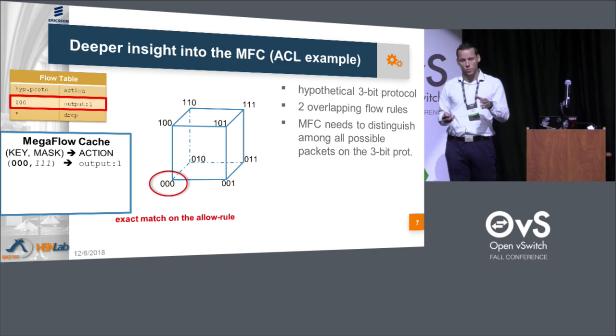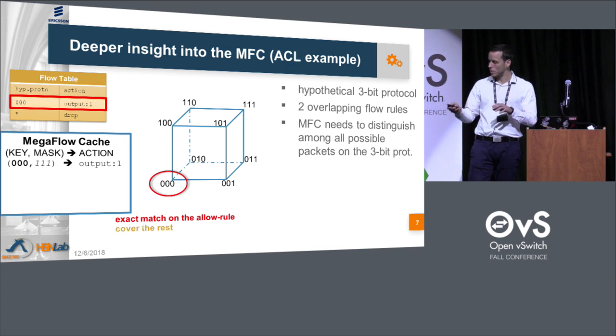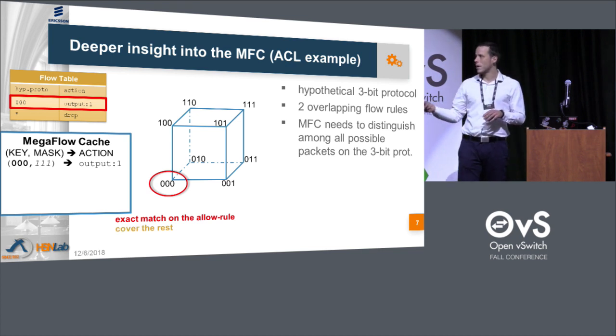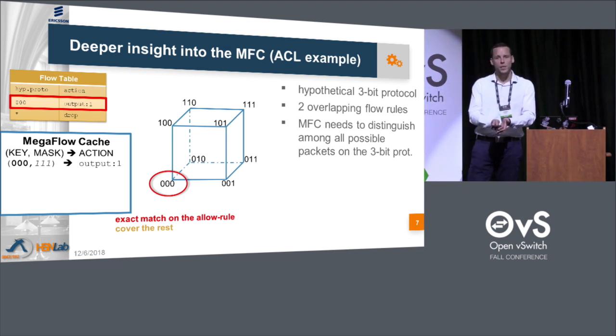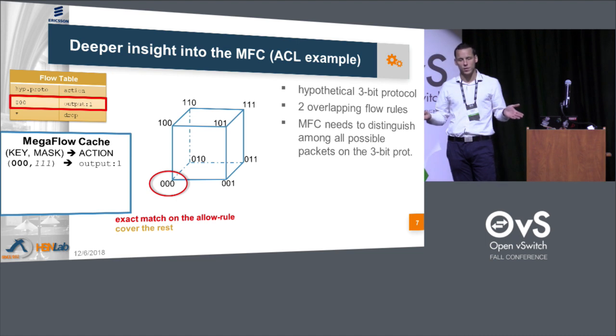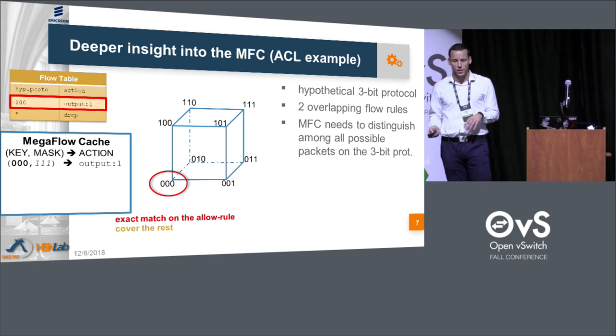So this is the allow rule here. For the allow rule, we need to have an exact match even in the Megaflow cache entry, because that's the only packet that we can let into the system, and everything else should be filtered out. So there is only one entry at the beginning in the Megaflow cache with no bits wildcarded.